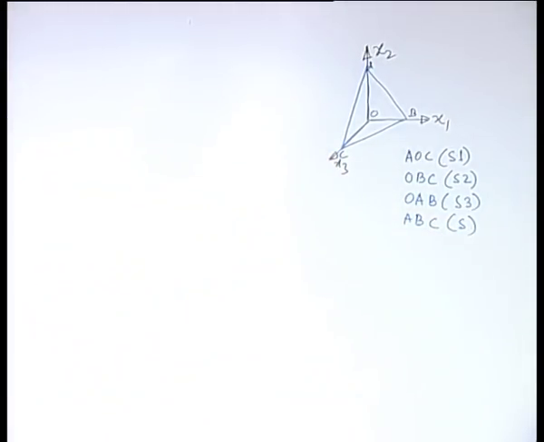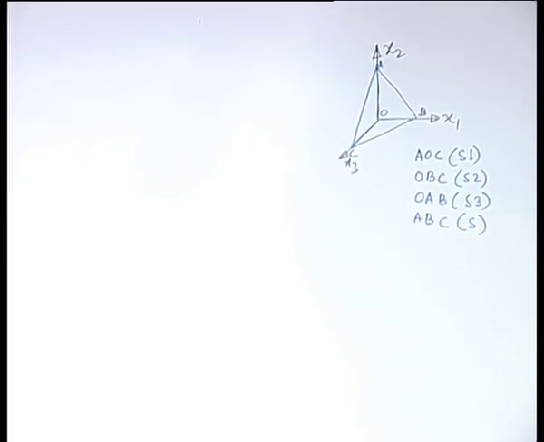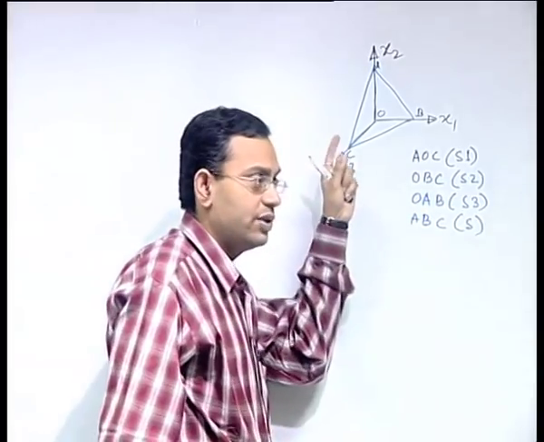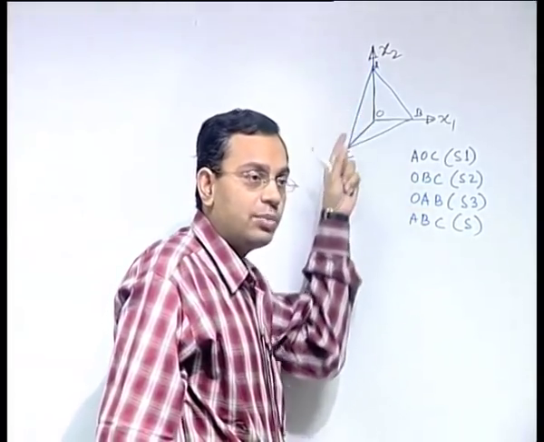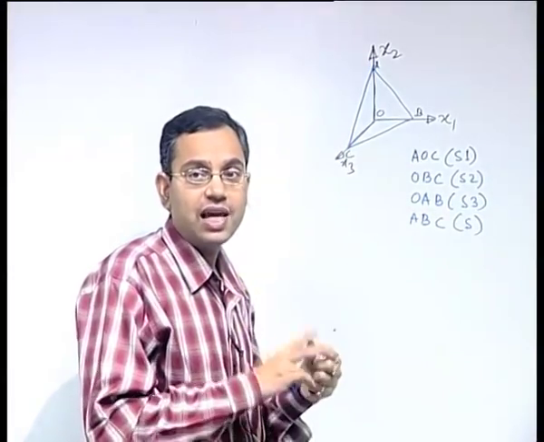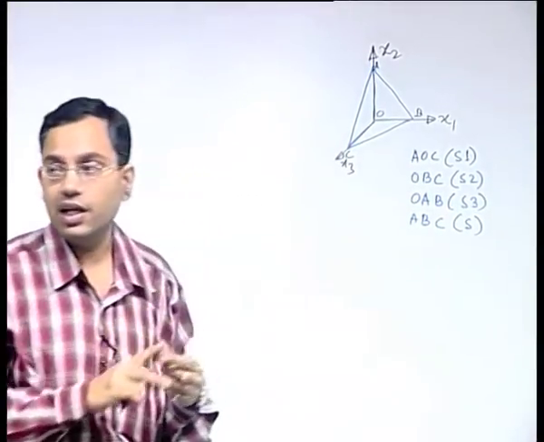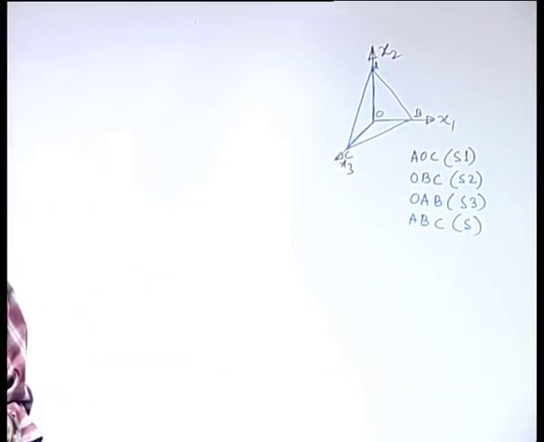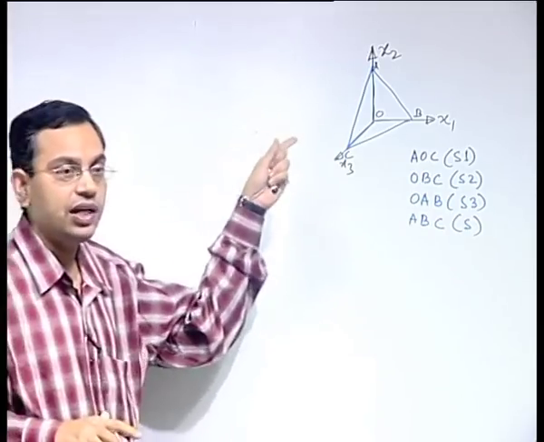Now why we have chosen such a volume? This volume is bounded by 4 surfaces, out of which 3 surfaces have their normal directions either along x1 or along x2 or along x3, right, and only the 4th one, the surface S, is arbitrarily oriented.